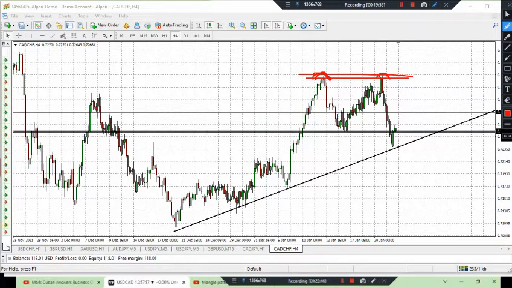But it can also evolve into a trading range, like something like this, ranging inside this framework.